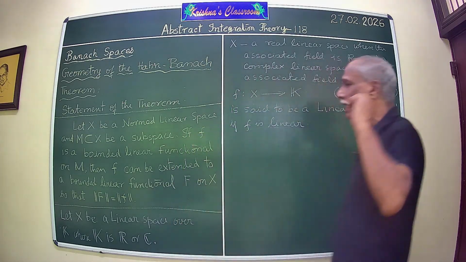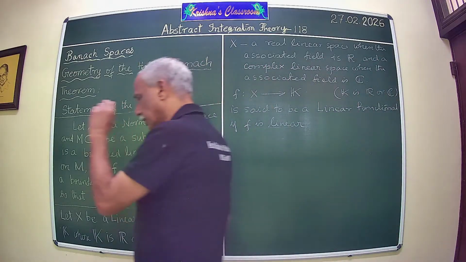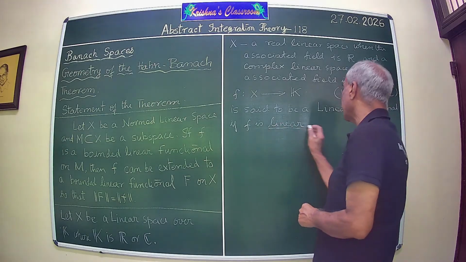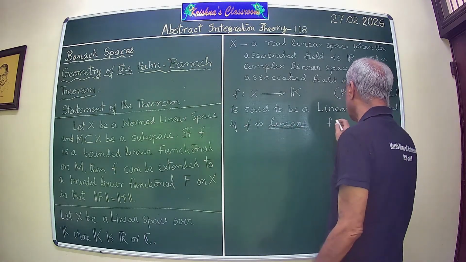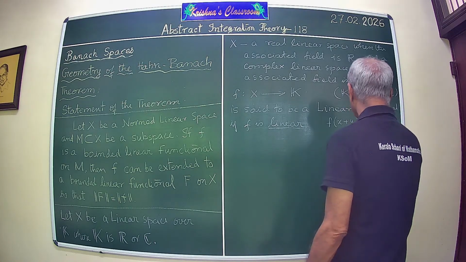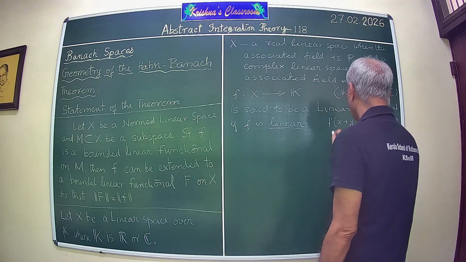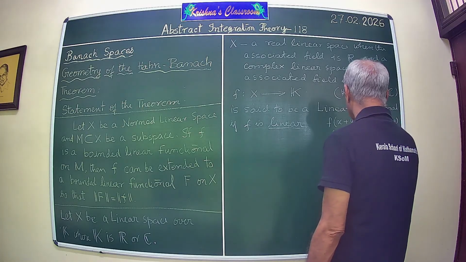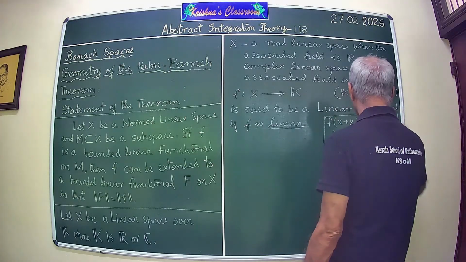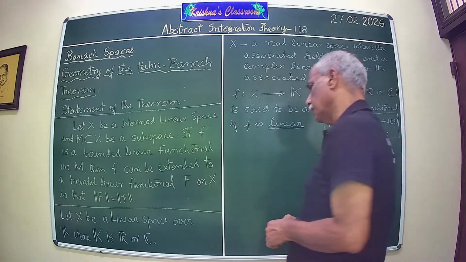So it is essentially a map from the vector space to the associated field, which is linear. So the linearity property is, as usual, f of x plus y equal to f of x plus f of y, and f of alpha x equal to alpha times f of x. So this is the condition, as we had been using it very frequently.